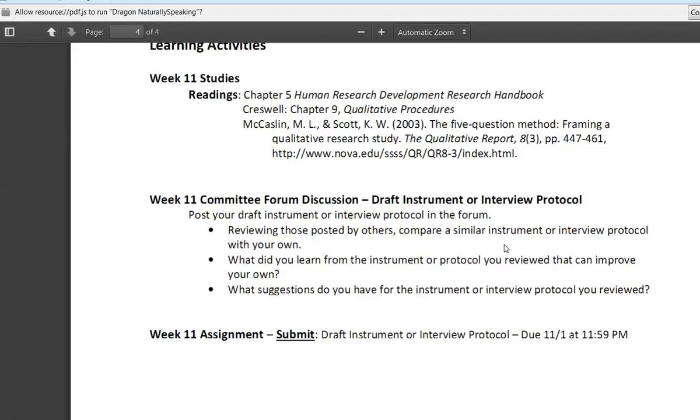And if you're doing qualitative, then an instrument is the interview protocol. And so there's information about preparing each. For the interview protocol, there's a template and I think a couple of examples. There are examples of questionnaires.